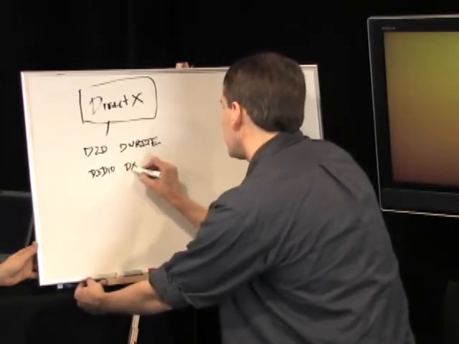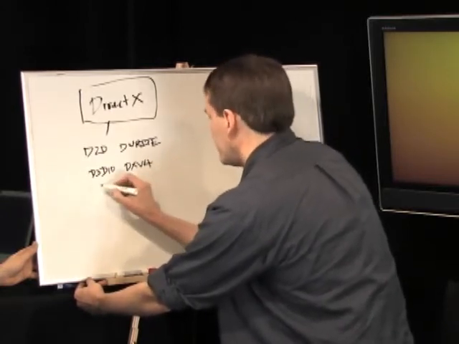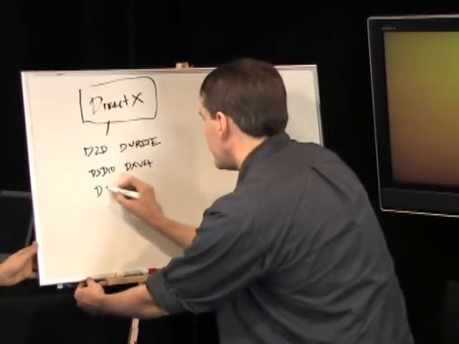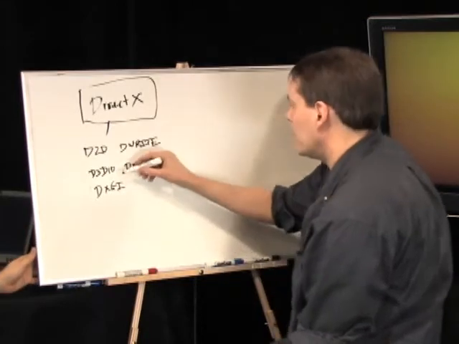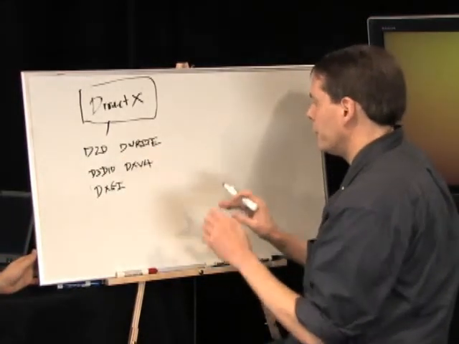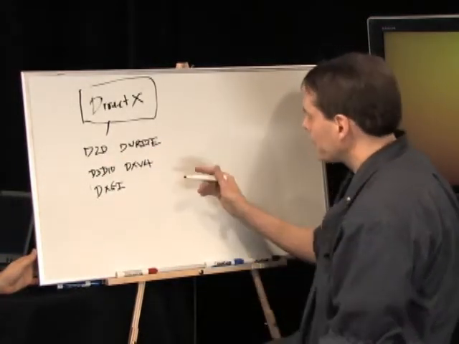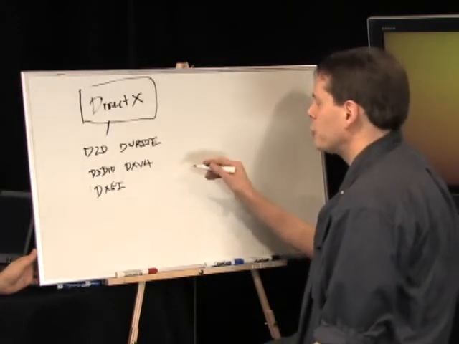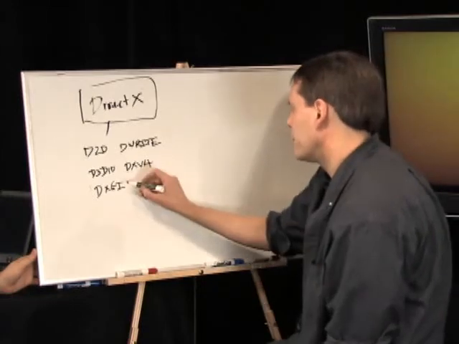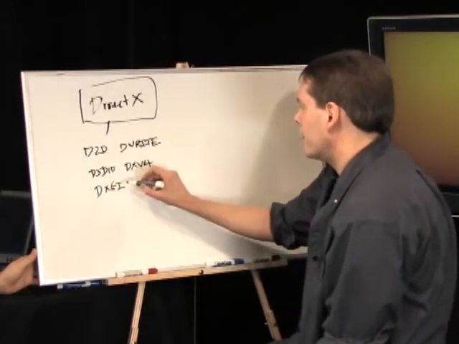There's DXVA for video acceleration. DXGI is the graphics infrastructure. As part of Windows Vista, we were trying to do a cleaner job of separating swap chain and adapter management from the actual rendering operations, and that functionality is now in DXGI.